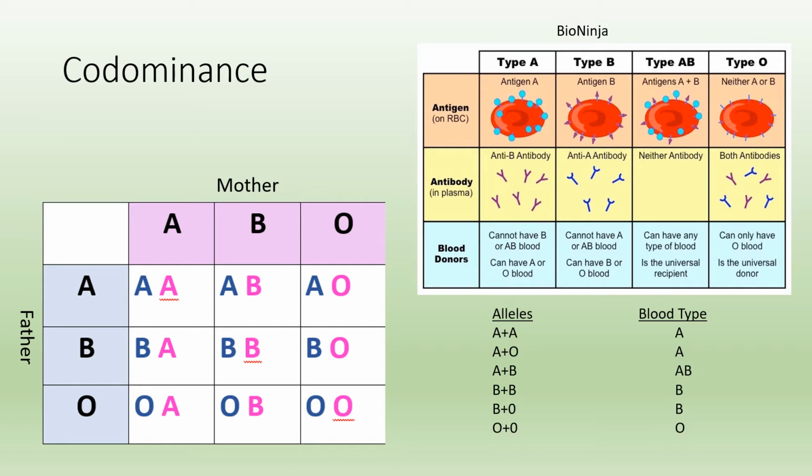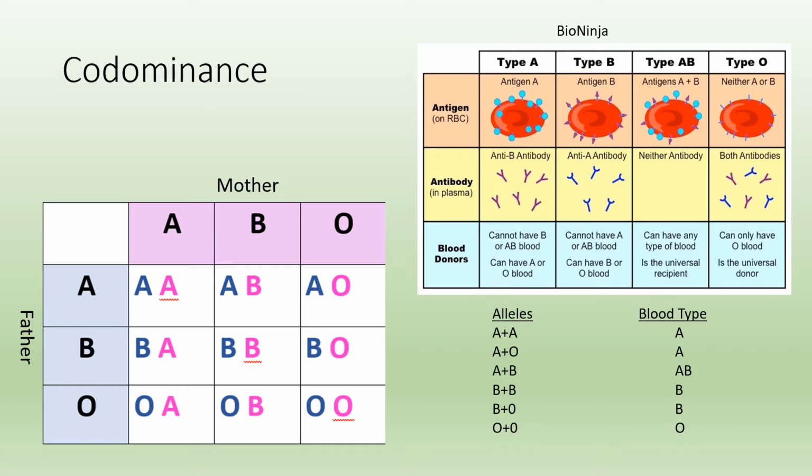Now, there's a lot of information on this slide looking at the way the alleles and blood types line up. So over here on the left, there's a Punnett square. It's not a typical Punnett square. It's showing you all of the possible allele combinations.